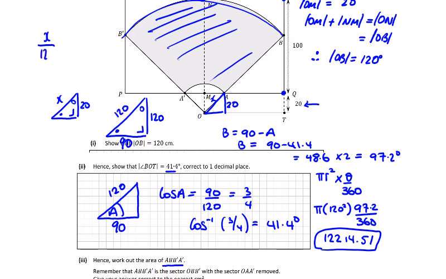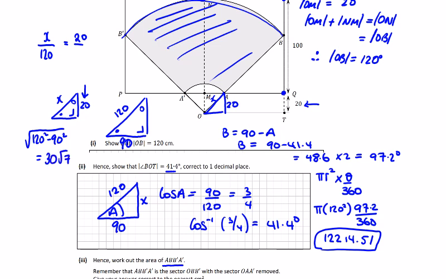So X over 120 is equal to, we started in the small triangle, 20, this one, so we need this side here. So the square root of 120 squared minus 90 squared is 30 root 7 on a calculator.